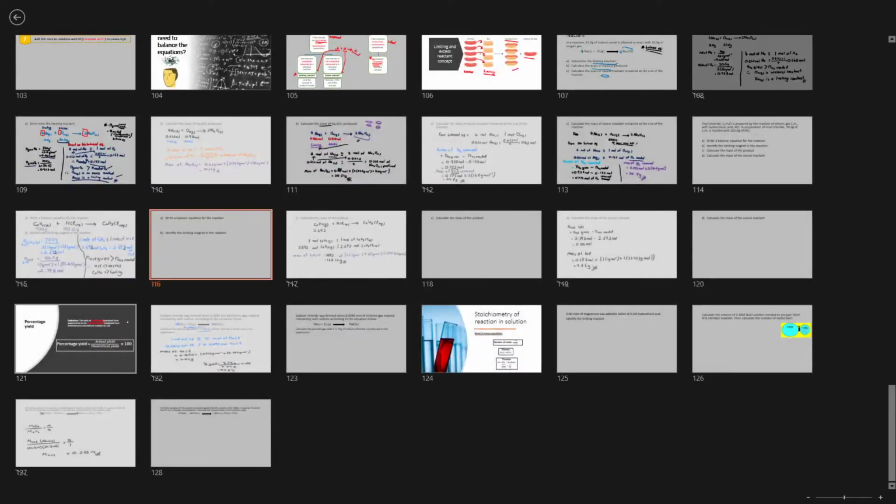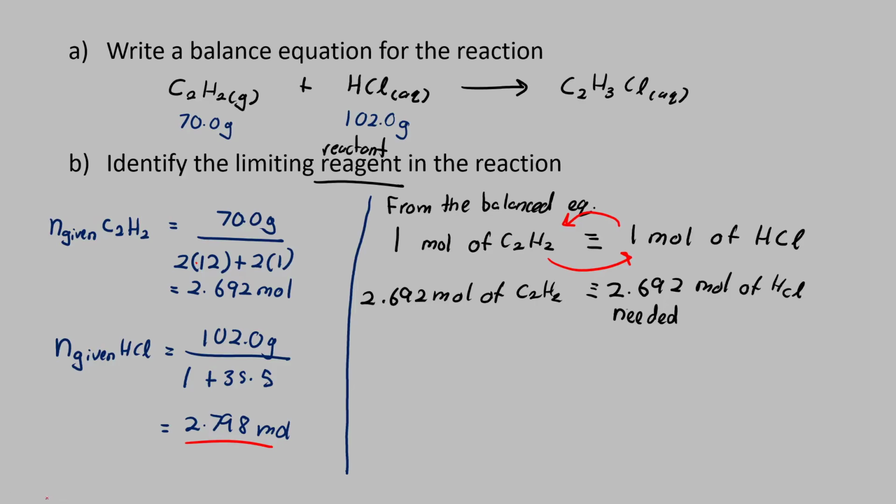So now we do, oh my god, okay. So let's compare it. So the N given of C2H2, wait, eraser, pen.